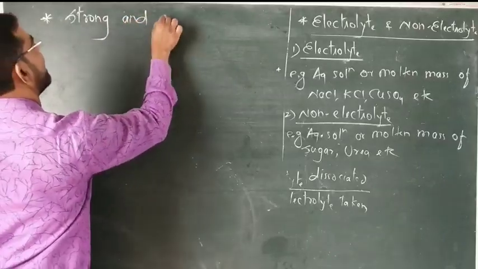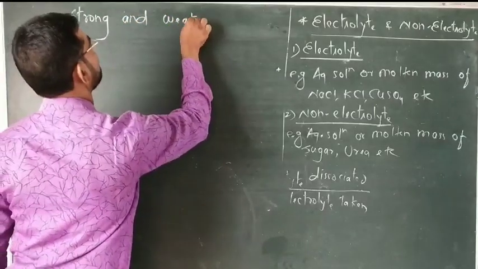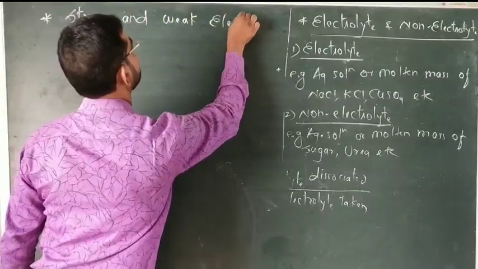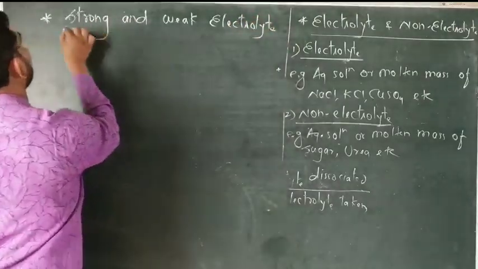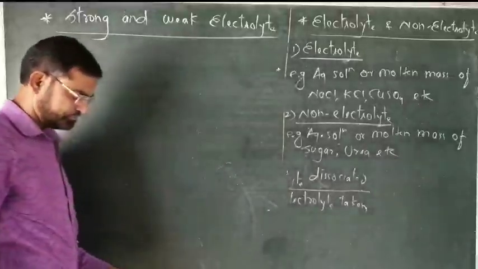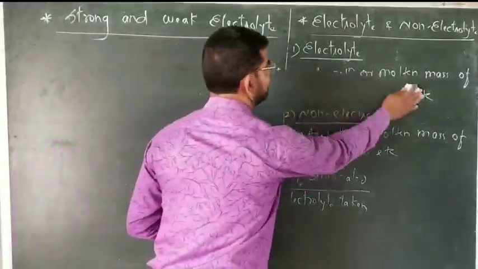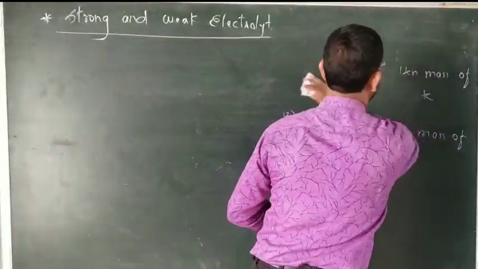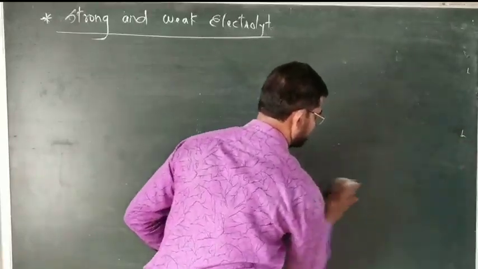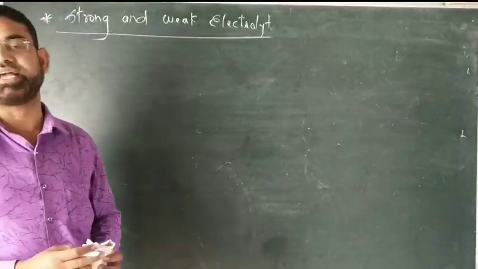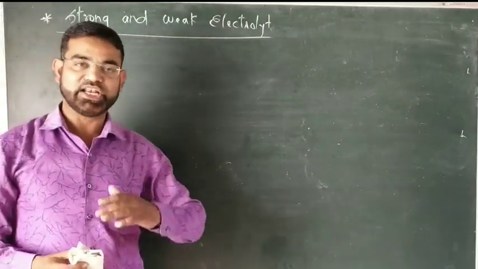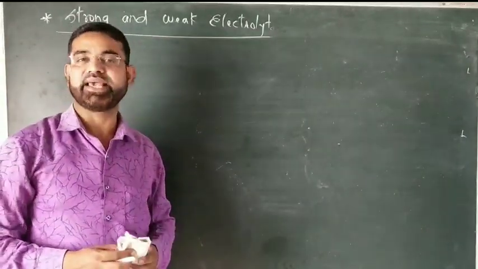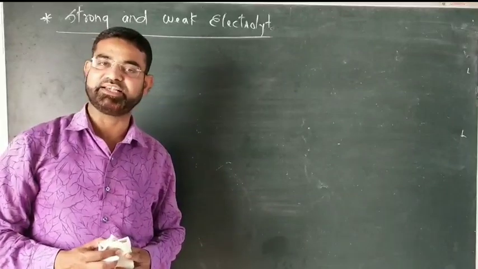Strong and weak electrolytes: strong and weak acids and bases are decided on the basis of their dissociation tendency as well as the number of ions present.